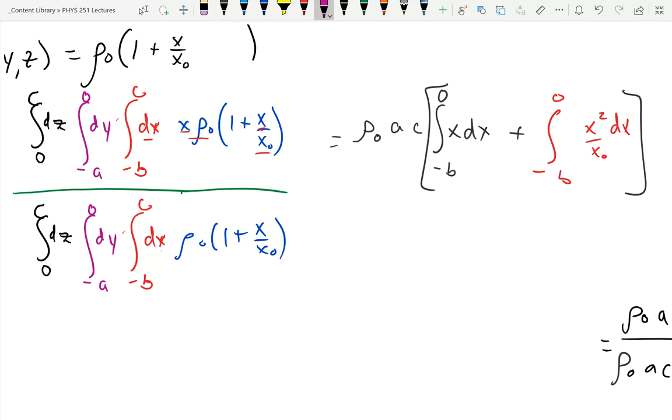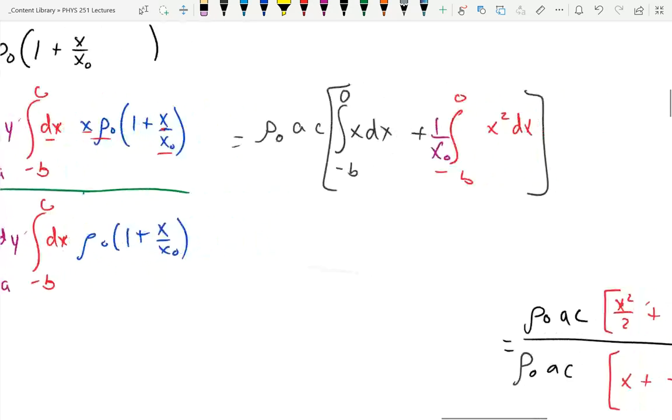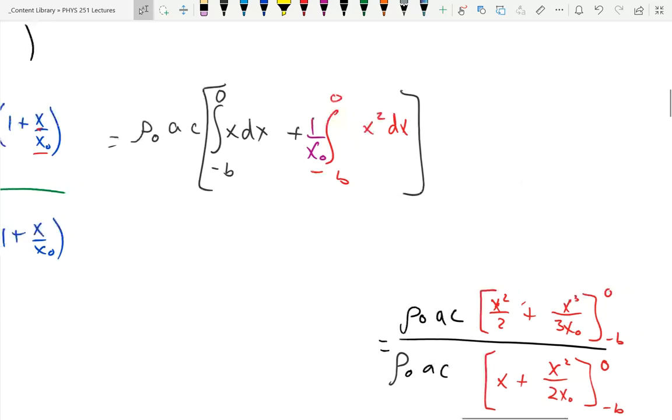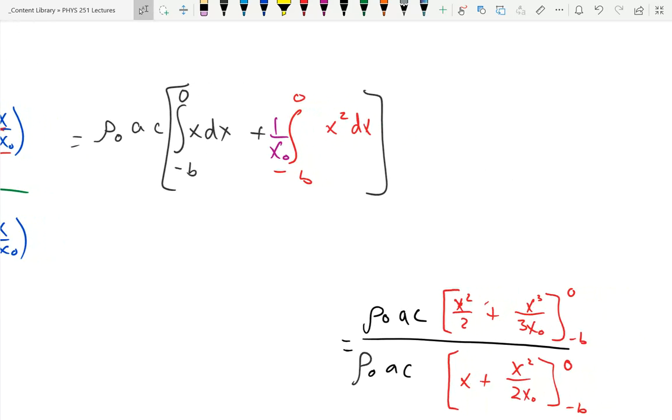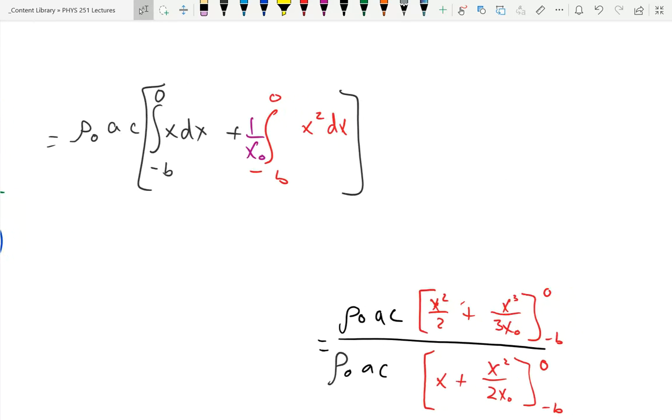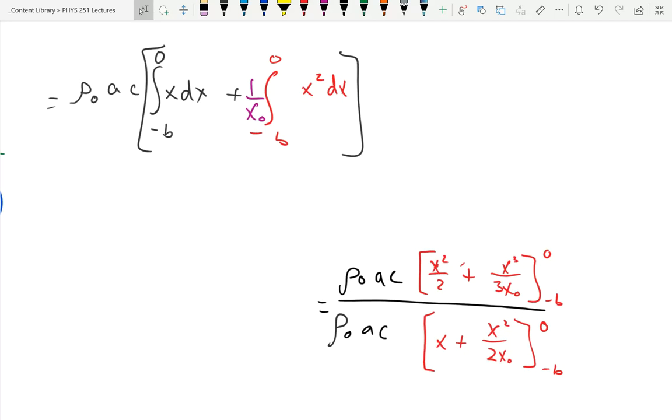Now I can take this 1 over x0 and put it out here if I like, because that was just a constant. Is it now coming clear? Clear as mud. Well, relatively speaking, we'll take that and go on.